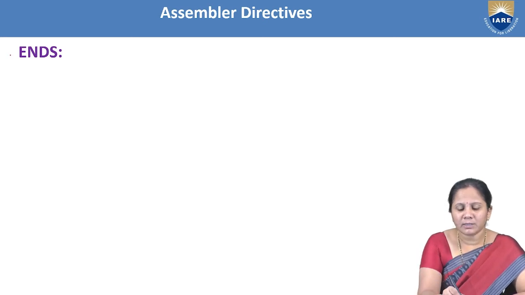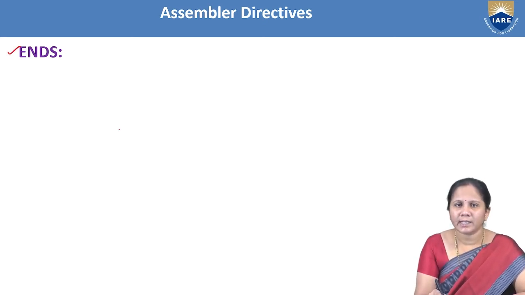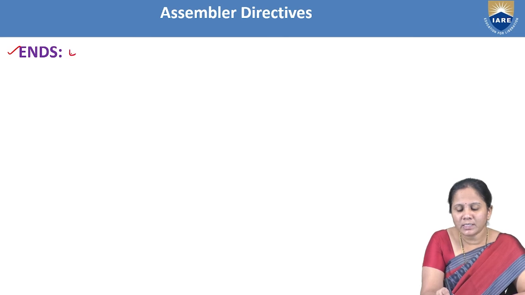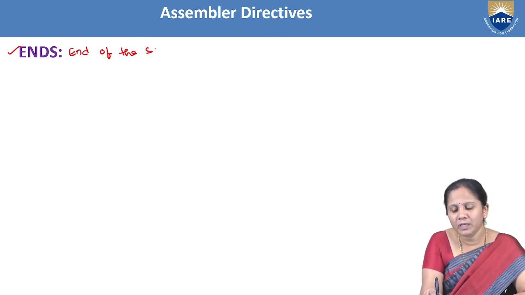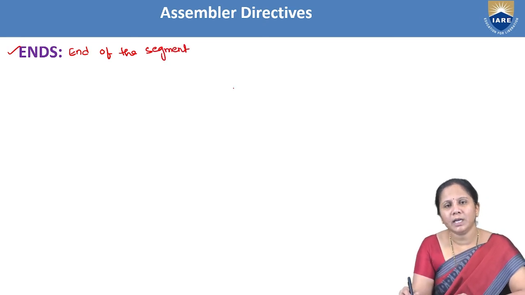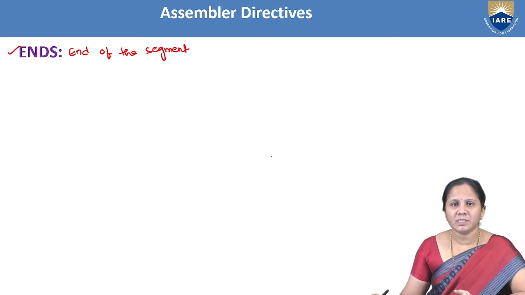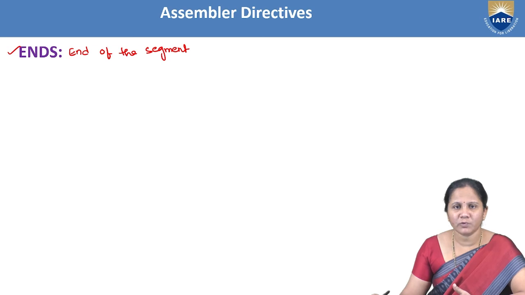The next assembler directive is ENDS. ENDS represents the end of the segment, or the end of the logical segment. As we have studied, the segment name can be either code segment, data segment, stack segment or extra segment. The logical name of the segment can be any of these four.